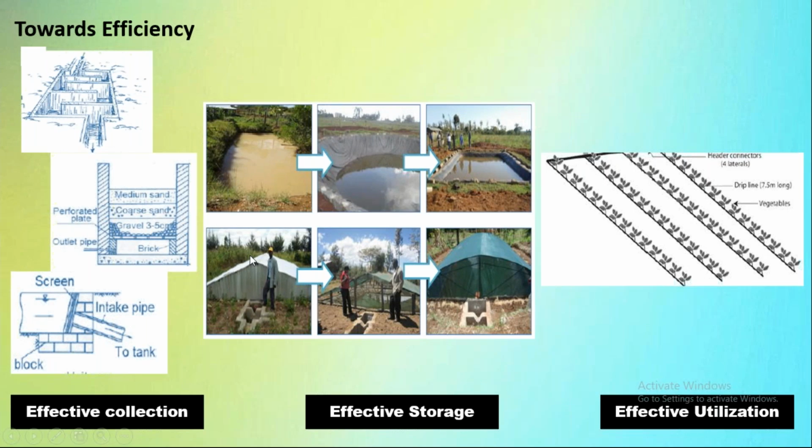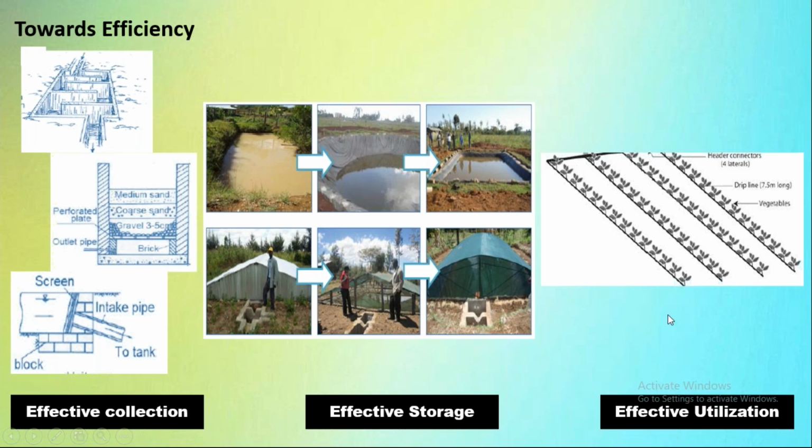Similarly, for reducing evaporation losses, previous technologies used metal sheets, but this is very costly. So we can use shade net or polythene to reduce the evaporation losses. So this is effective collection and effective storage.